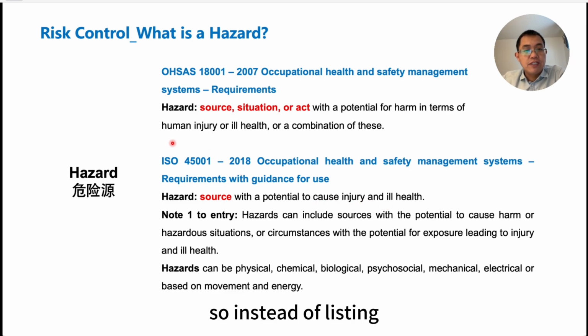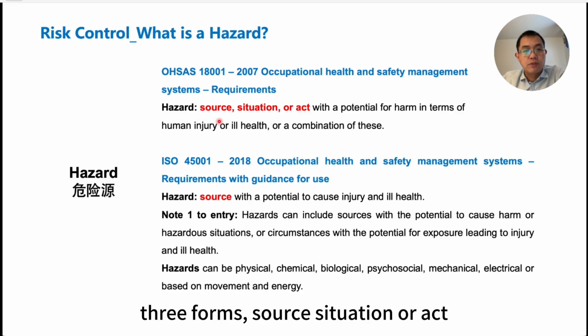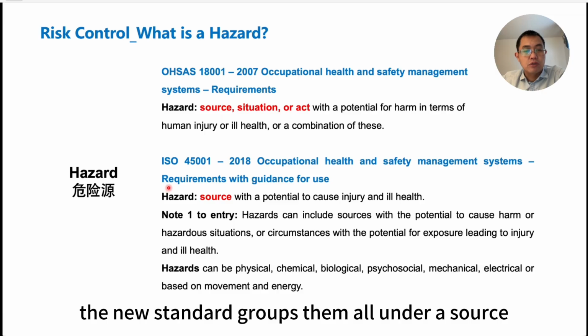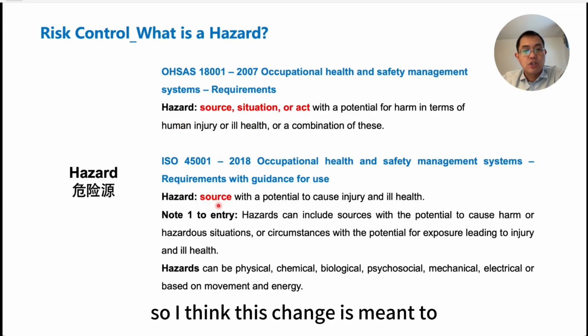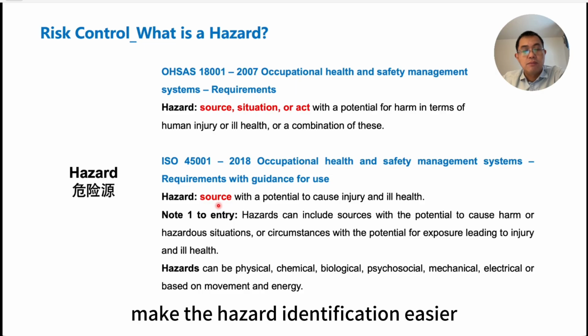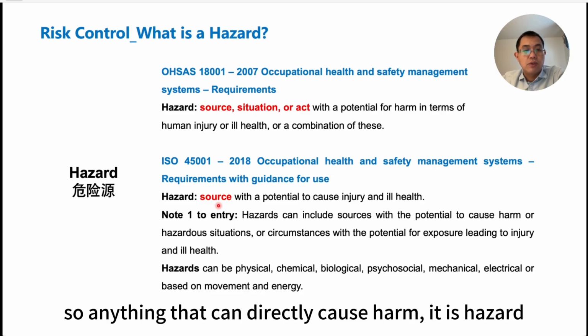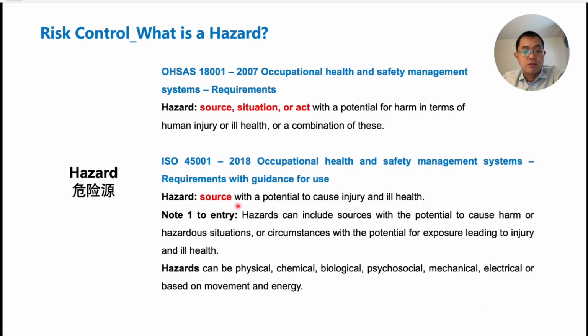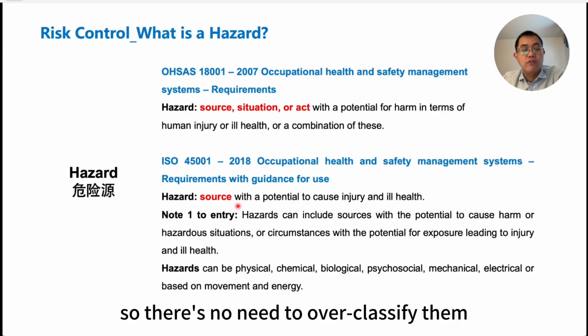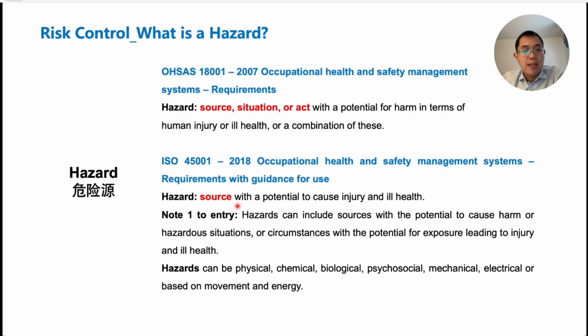So instead of listing three forms, source, situation, or act, the new standard groups them all under a source. I think this change is meant to make hazard identification easier. Anything that can directly cause harm is a hazard, so there's no need to overclassify them.